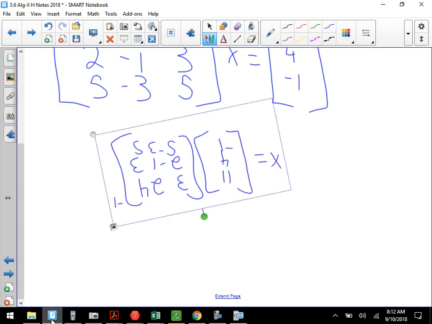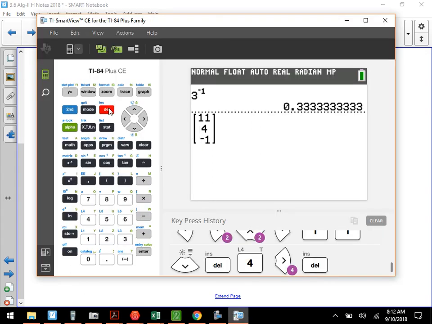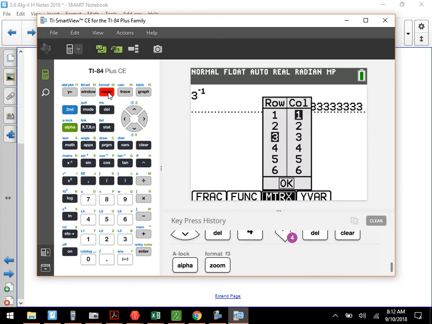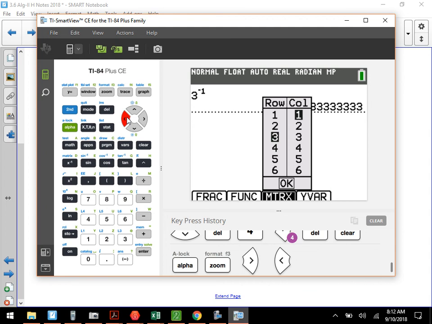There's rules when you're multiplying stuff together. I just realized that. So I'm going to delete this, and I'm going to create a 3 by 3 to start. It is so much easier to do this on a handheld.